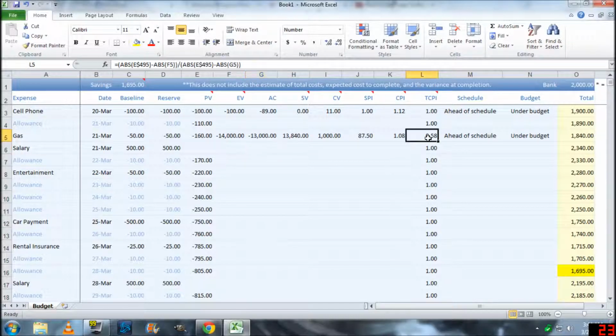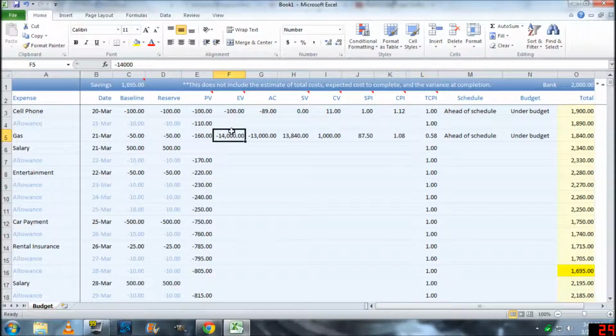So if it's less than 1, that means you're doing good. The efficiency of your budgeting throughout the rest of the time until you get to your end date, you still have money. You're okay. You don't need to slow down. You have enough budget for the whole year or for the whole project.